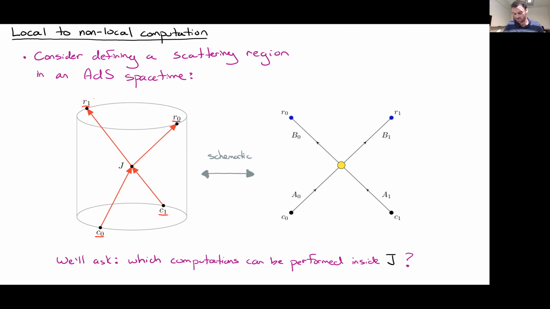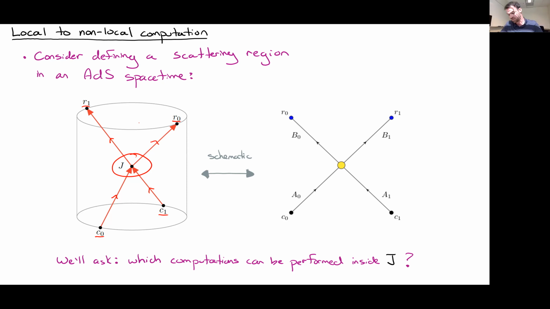I pick these 4 points, I look at their light cones, and that will define for me some region J inside the bulk of my AdS space. I've drawn an example here where J happens to be just 1 point. That didn't have to be the case. In general, it will be some extended region with some shape to it. So this is how the computation looks in the bulk picture.